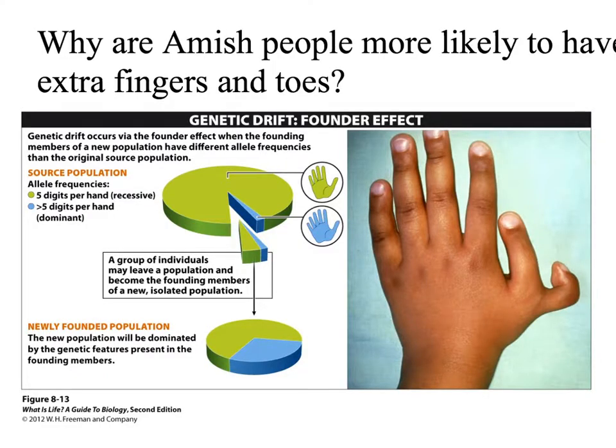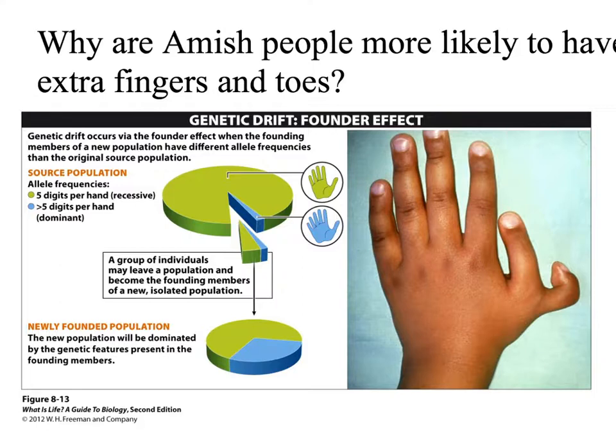One example of a founder effect is in the Amish population. If we look at the original population in Europe, there is a very low occurrence of the allele that codes for polydactyly, or extra digits on the hands and toes. When the Amish left England, it was a random group, random in respect to their genes, that came to settle in the colonies, now the United States.